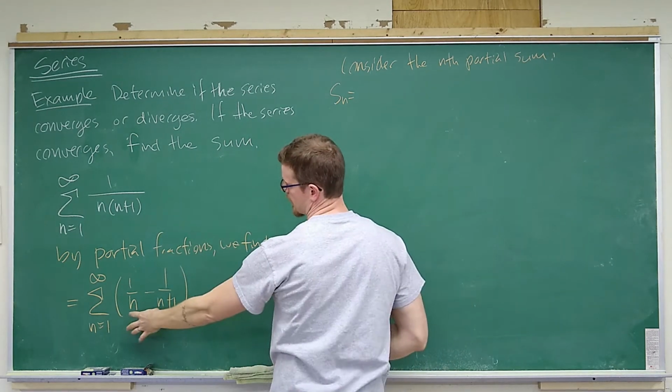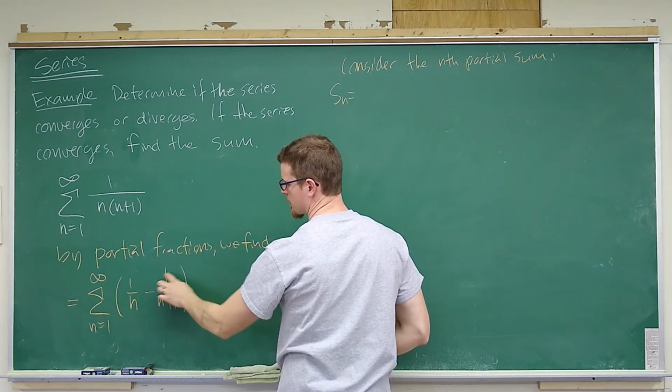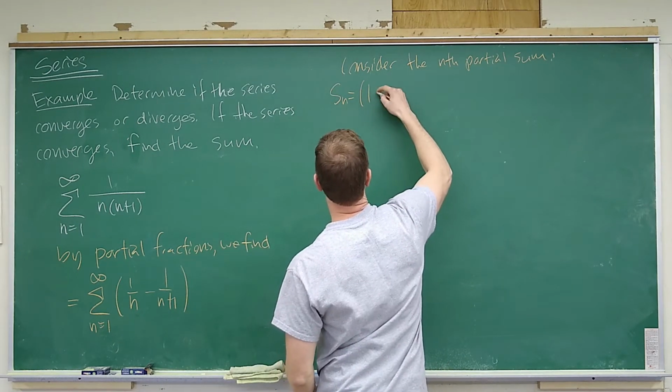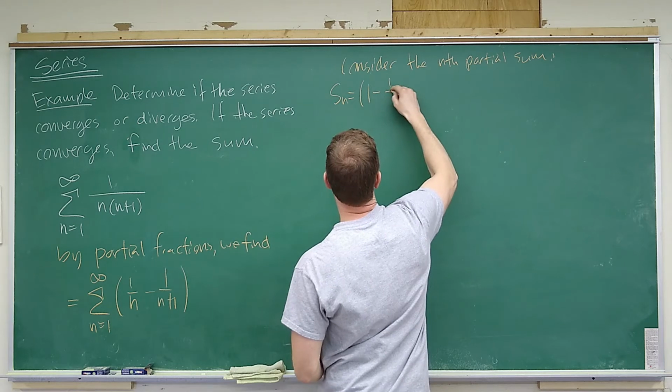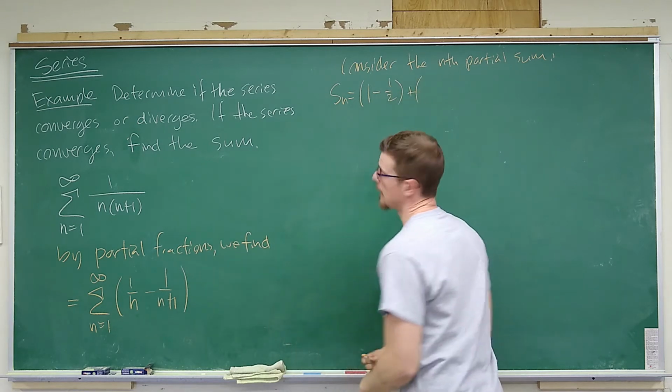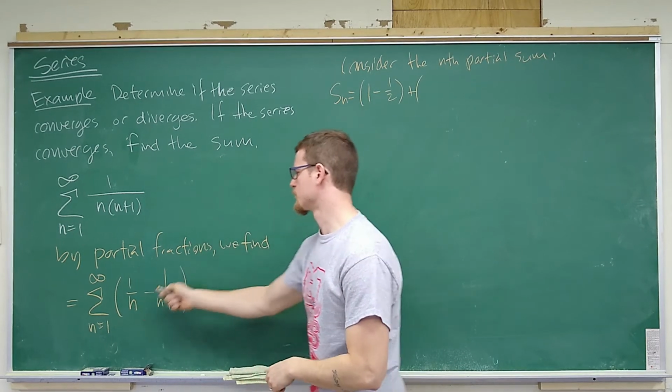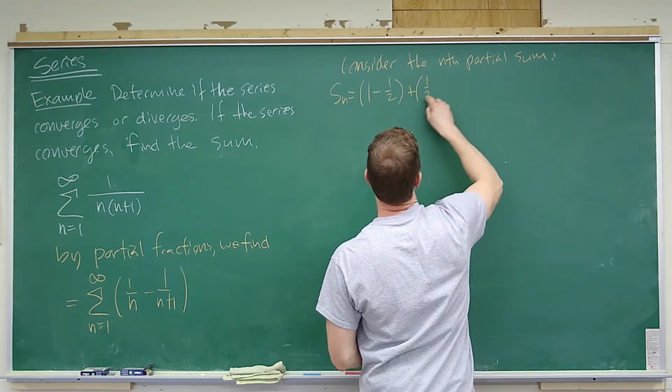So the first term in this case is actually going to be 1 over 1 minus 1 over 2, right? Because we're starting at n equals 1. So we have 1 over 1 minus 1 over 2. And then we add to that, for n equal to 2, 1 over 2 minus 1 over 3.